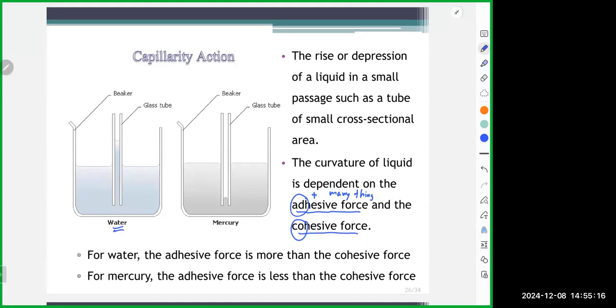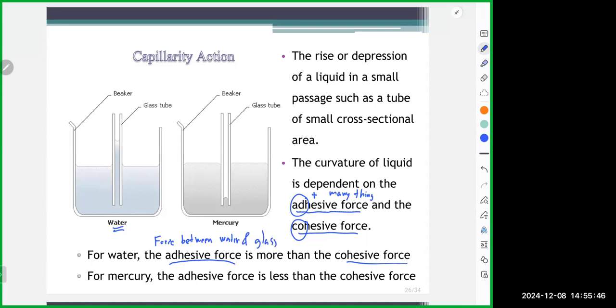Water right here. The water has adhesive force more than cohesive force because adhesive force in this case means the force between water and glass, so two things, right?